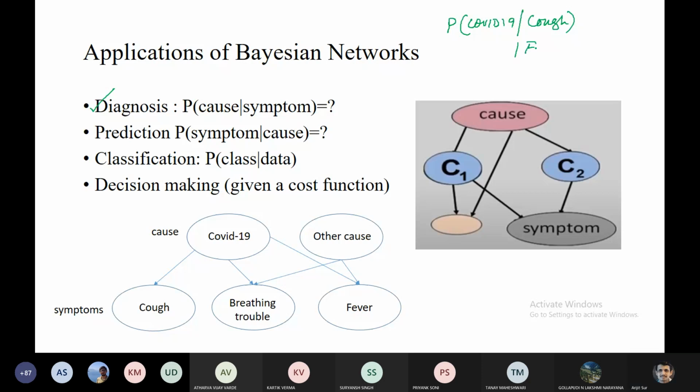So this is diagnosis, and this diagnosis can be done. Now we can say the prediction.